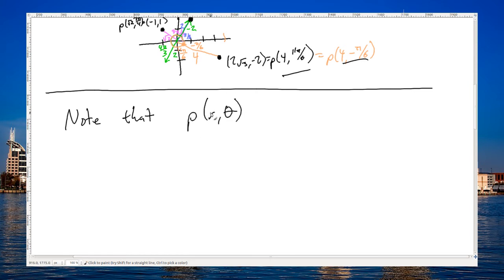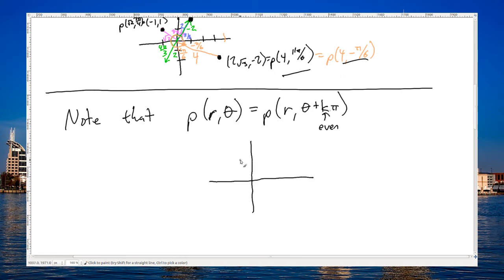If you have a polar coordinate, some r and some theta, then that'll be the same thing as the polar coordinate r, theta plus k times pi. And here we're assuming k is even. And why is that? Well, that just means we're adding or subtracting 2 pi to the angle.